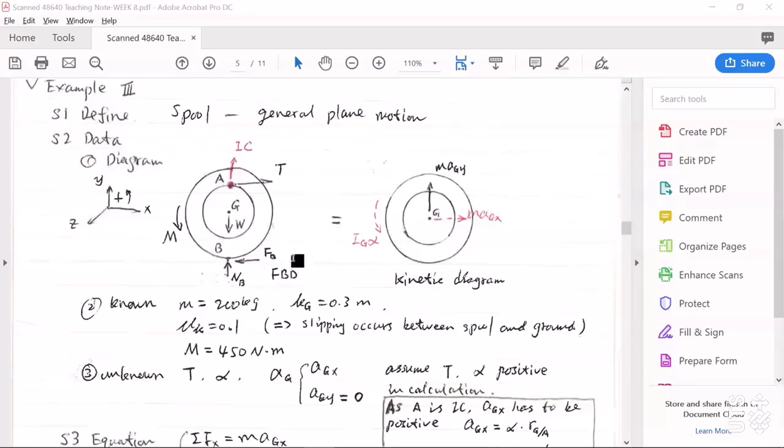Free body diagram. Okay, here there is a couple moment M, and this couple moment is driving this spool. At point A, there is tension force T from the cord. At the mass center point G, G is also the circle center, we have weight force.